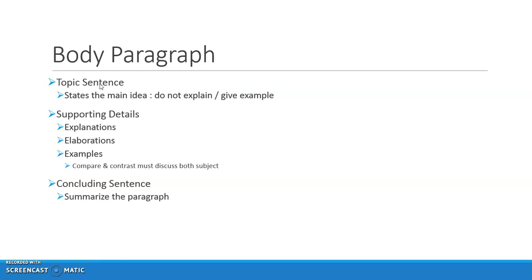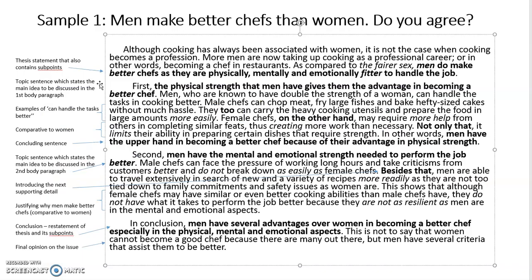Okay, remember in your introduction you have stated 2 main ideas in your thesis statement. If you look at this thesis statement here, we have men do make better chefs as they are physically, mentally, and emotionally fitter to handle the job. So if we follow this sequence, then we have to talk about physical first.